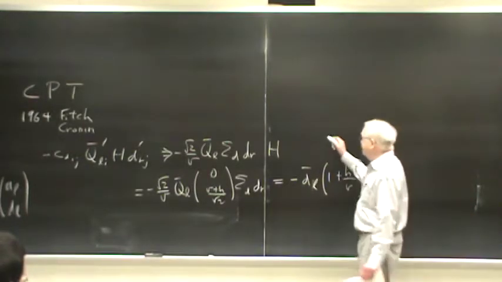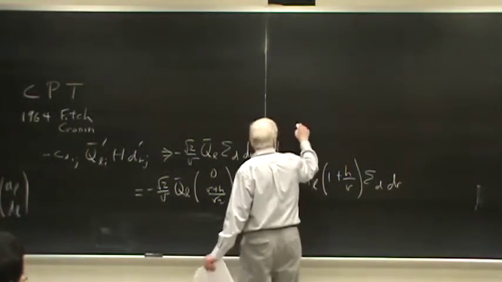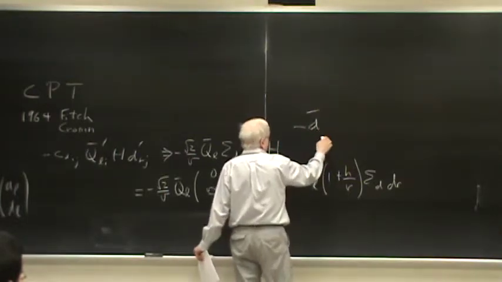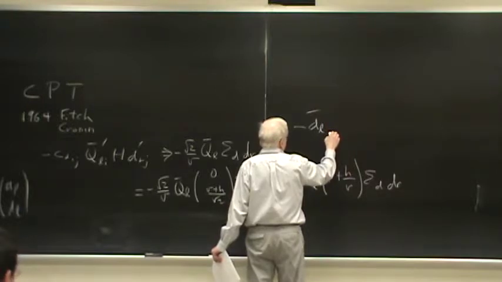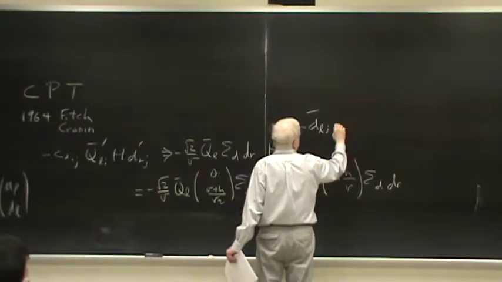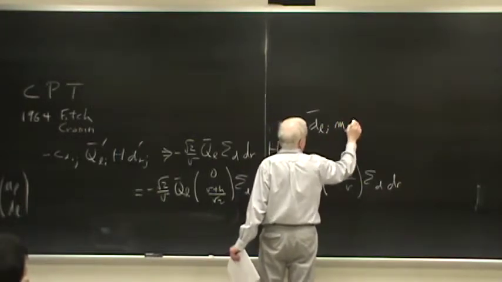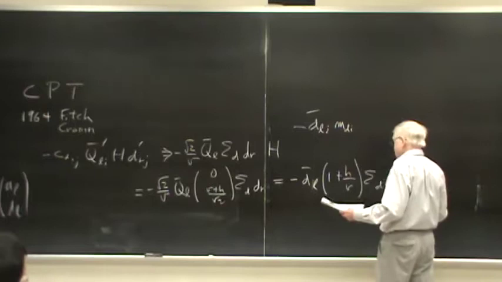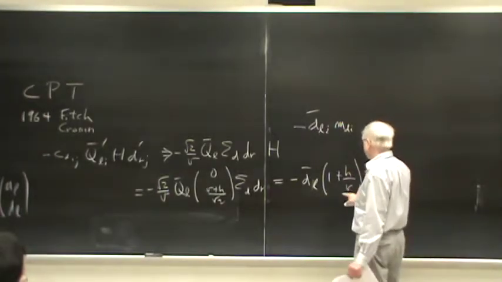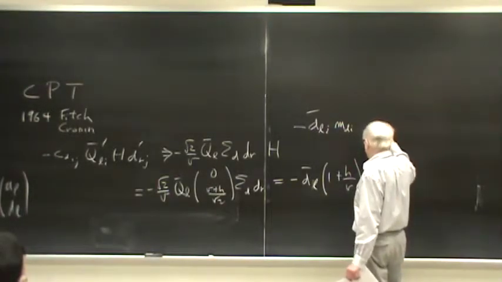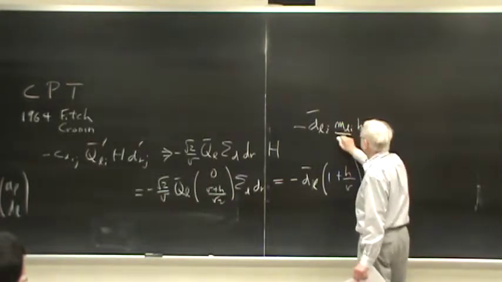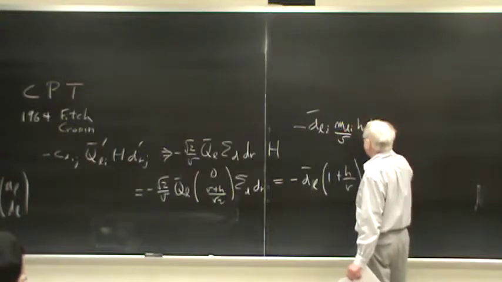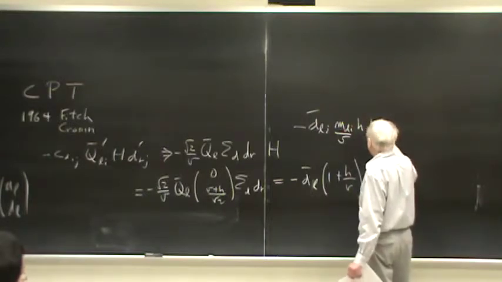So in other words, we have the term minus d bar left, let us say, generation i, mass of the down quark of generation i, over v times h times down quark right generation i.